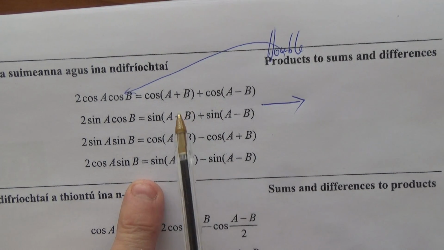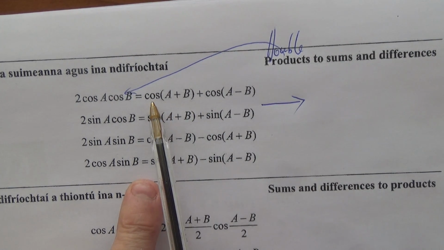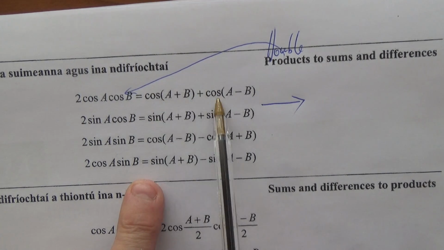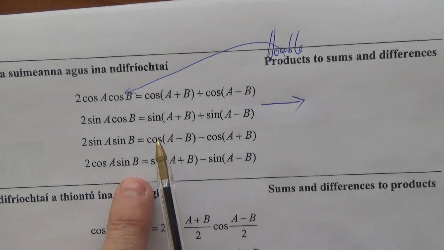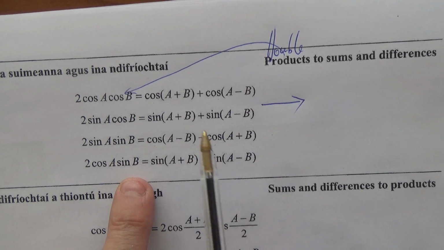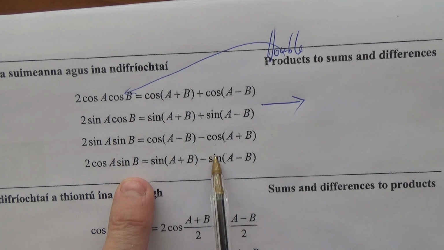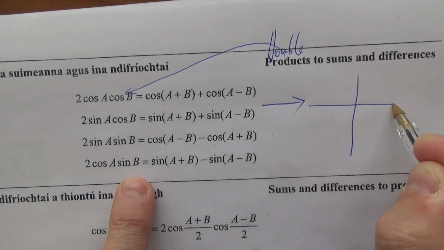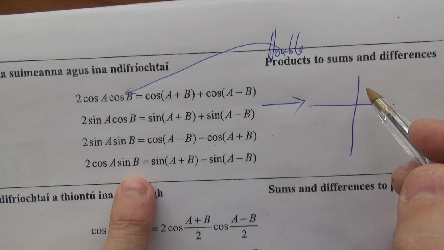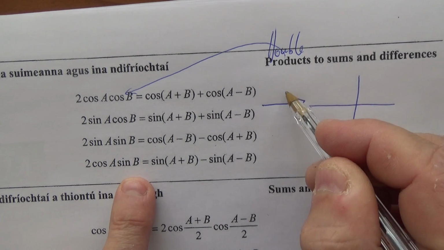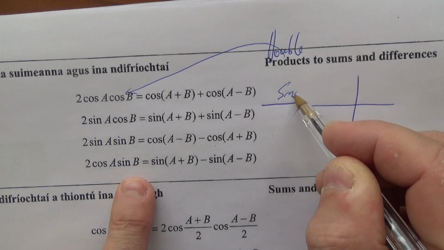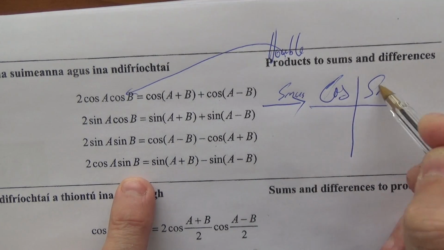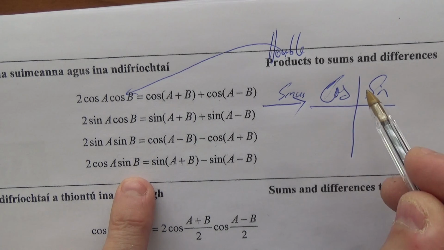Notice that if you have a cosine, the cosines come together, in the first and in the third. And if you have a sine, the sines come together. So we can make a two-way table and ask which sinusoidal function it is. It's either going to be a cosine or a sine, a choice of 2 things.